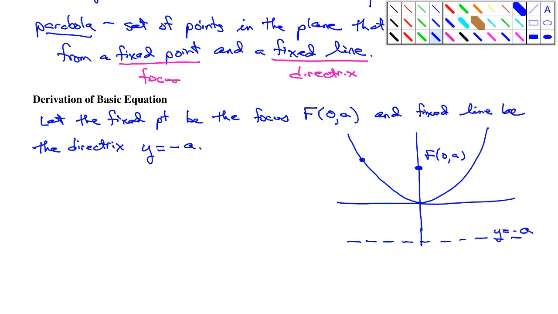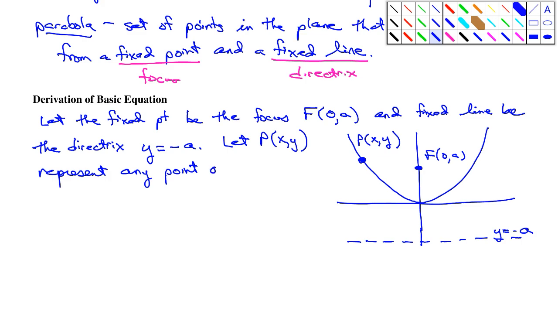Then we're going to take this point here, P, which is going to have coordinates (x, y). Now P is going to represent any point on the parabola. So let's write that down. Let P(x, y) represent any point on the parabola.